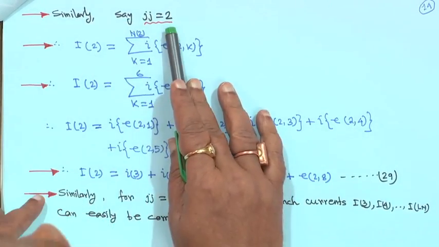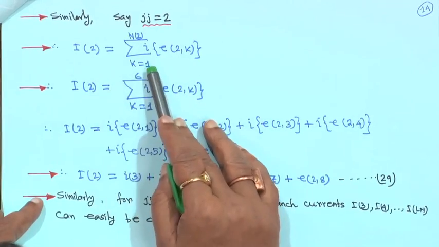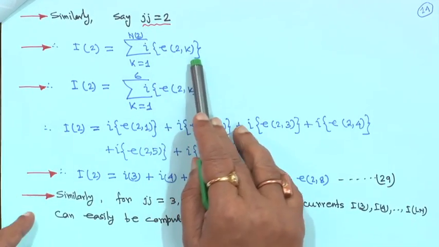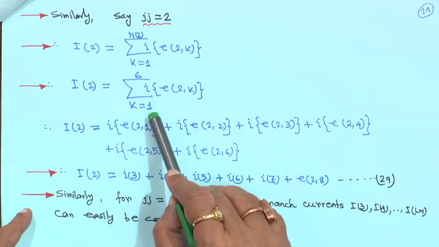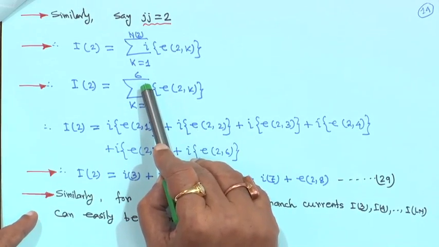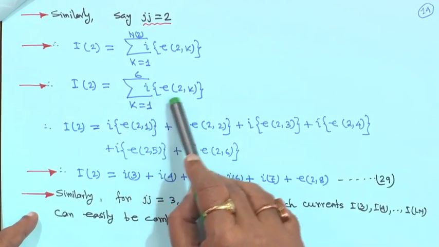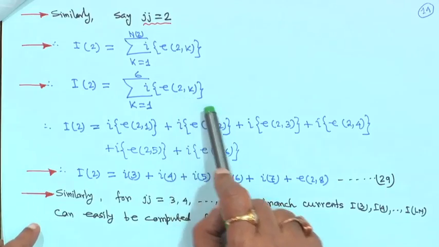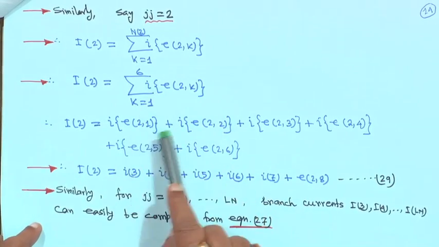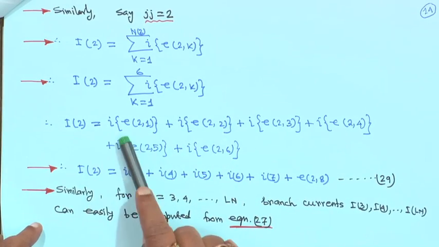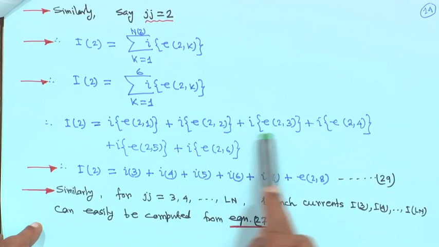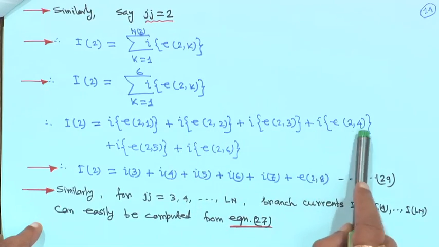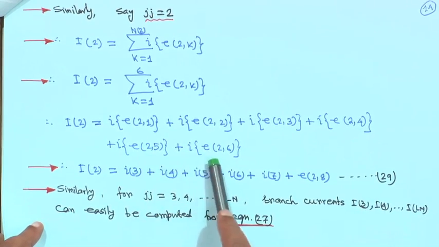So for JJ is equal to 2, I2 is equal to the sum over K equal to 1 to N2 of I E 2K, right. N2 is equal to 6 we have seen, and because JJ is 2, it is E 2K, and now K is varying from 1 to 6. So capital I2 is equal to I E 2 1 plus I E 2 2 plus I E 2 3 plus I E 2 4 plus I E 2 5 plus I E 2 6.